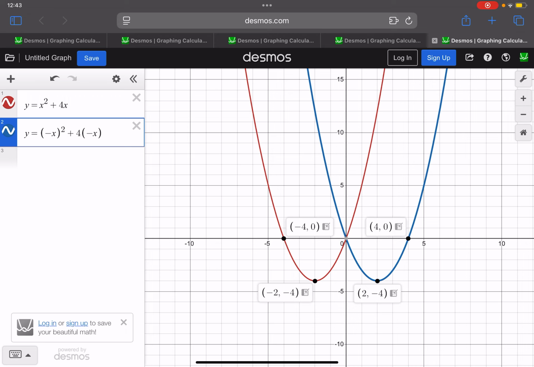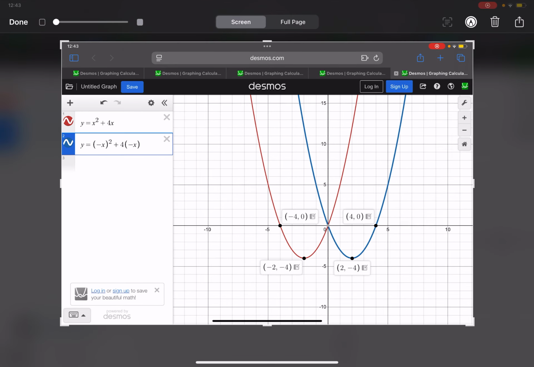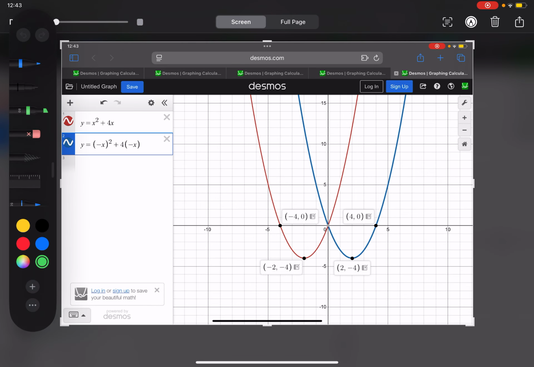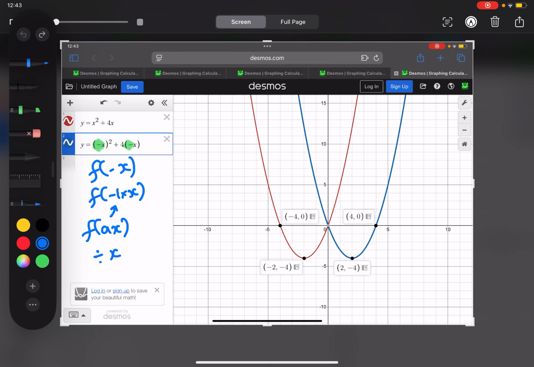The reason for this, as we saw a few moments ago, is that the minus on the inside here is similar to me having -1 times x on the inside, which, thinking back to the f of ax transformation, means I'm going to be dividing the x coordinates by -1.